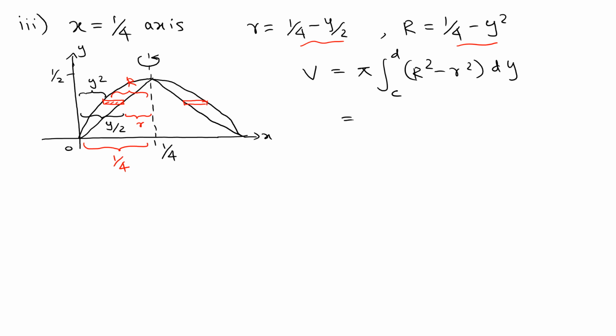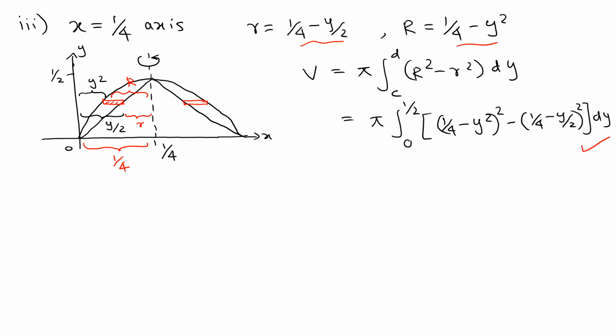So you get pi, integral with the y coordinate going from 0 to 1/2, of the large R, which is 1/4 minus y squared, whole thing squared, minus the small r, which is 1/4 minus y over 2, squared, dy.